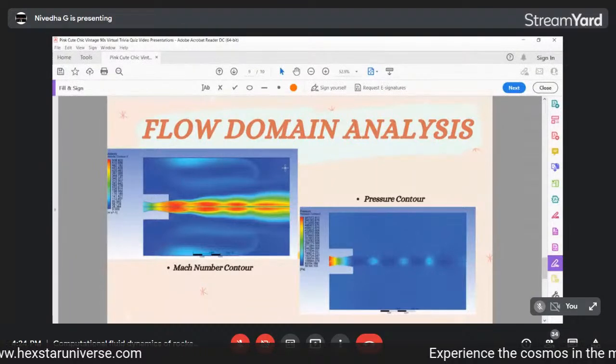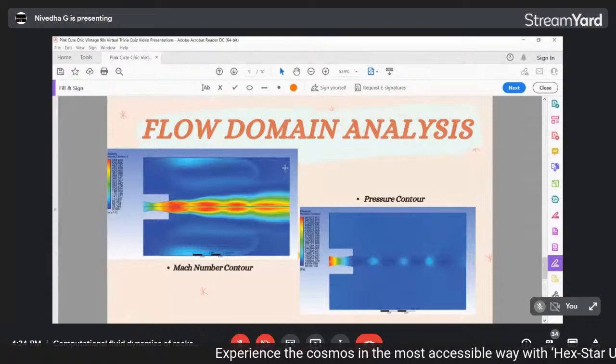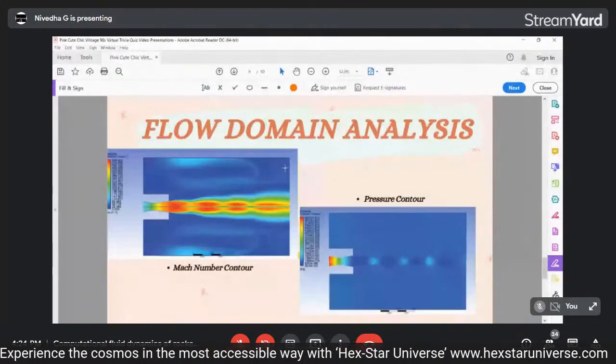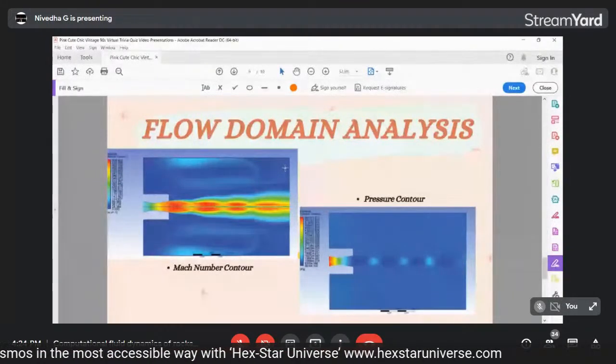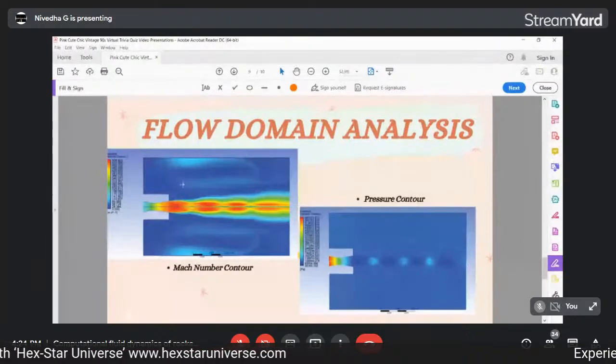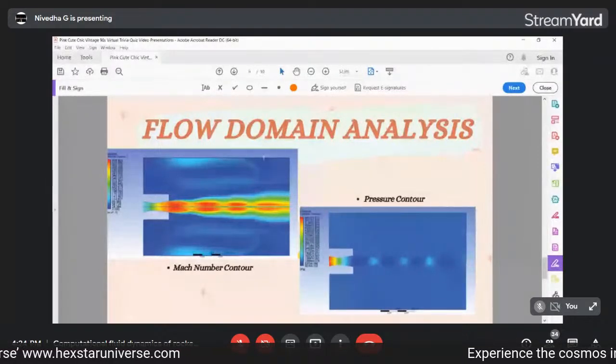So that is the only difference between far field and walls. Since far field is also a wall made of air, it might affect the flow over here. Like this area will get affected more because it's a far field domain.